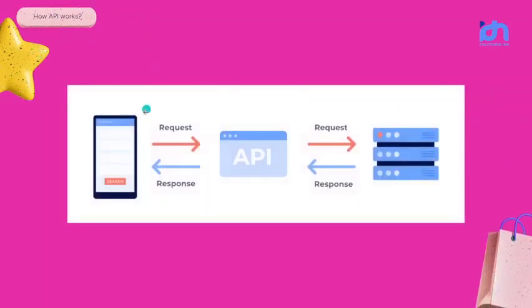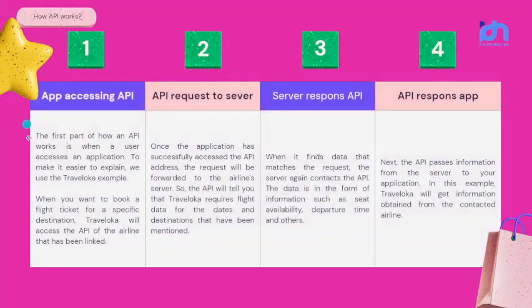How API works: the application sends a request to the API, the API sends a request to the server, and then the server gives the response to the API, and the API gives the response to the application. Okay, and this is just text. You can read it by pausing this video.